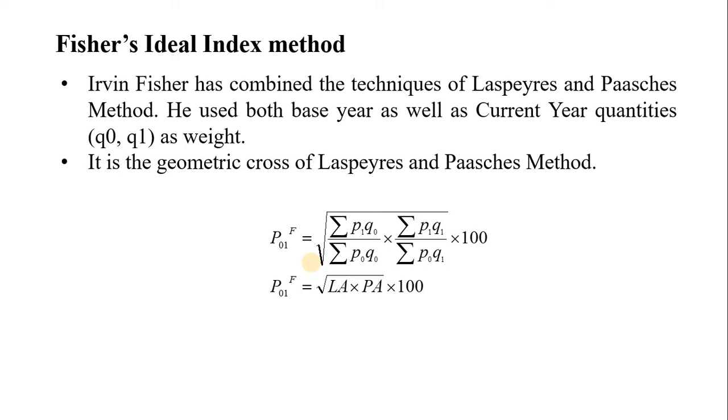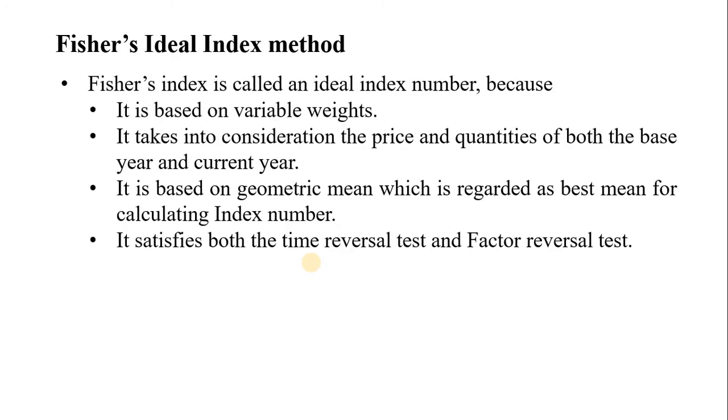So as per Irving Fisher, the weighted index number is the geometric average of the last pair and the past tense method. Now, if you consider all these index numbers, then the Fisher index number is the most popular and most acceptable. It is usually said to be the most ideal index number.